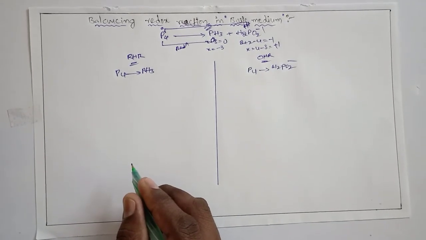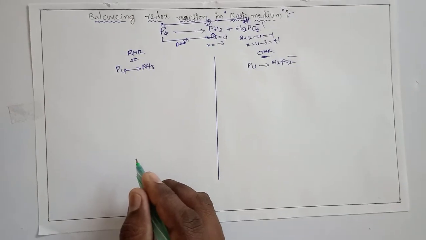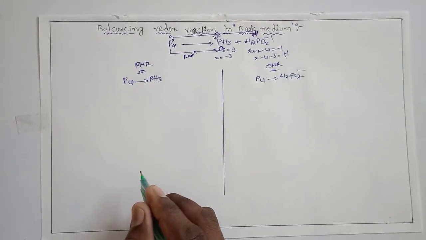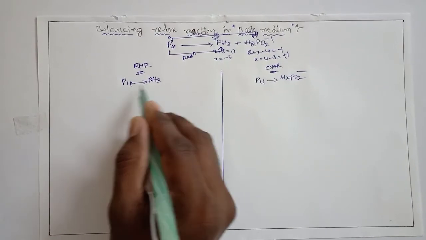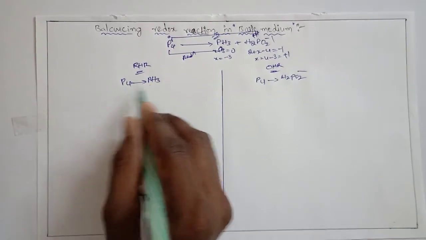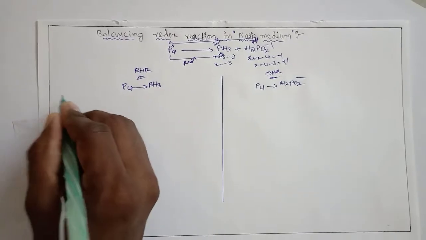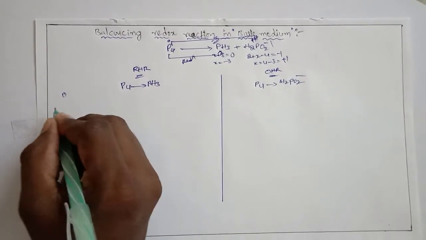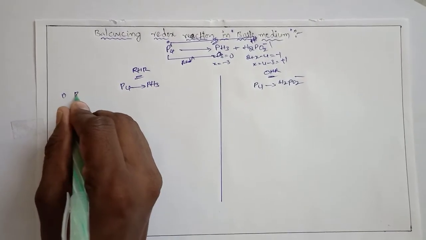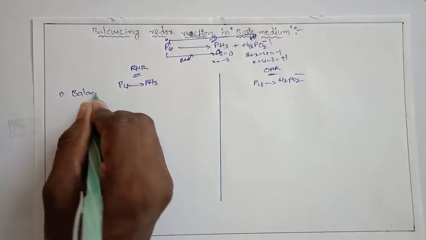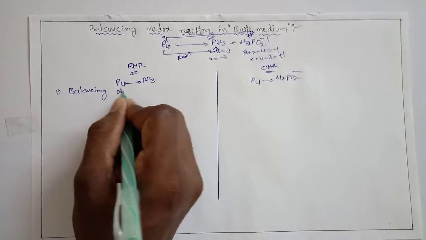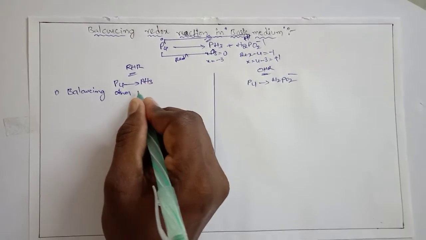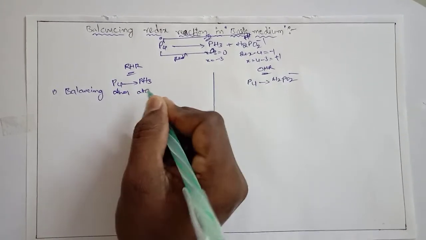In the first step we have to balance the other atoms, nothing but atoms other than oxygen and hydrogen. Here phosphorus is present. Balancing other atoms.